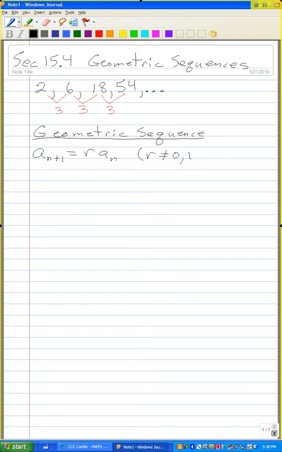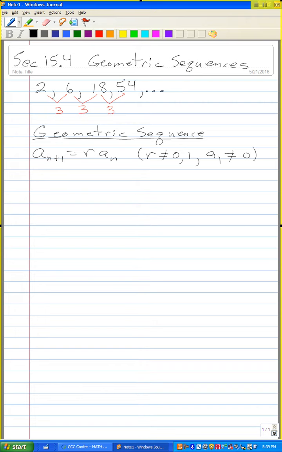And let's assume that r is not 1, otherwise I just have a constant sequence where every term is equal to the same thing. And let me assume that the first term is not 0, otherwise I just get a whole bunch of zeros.